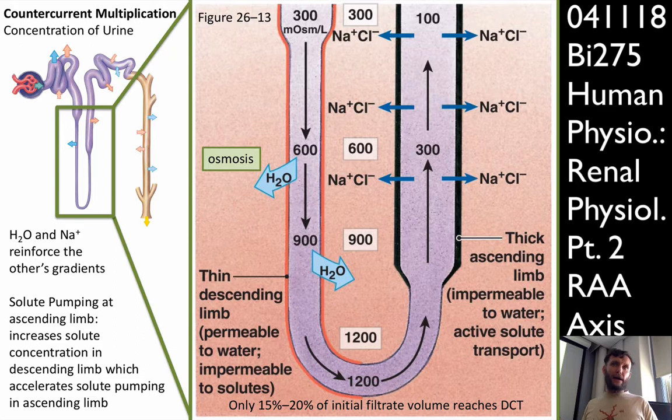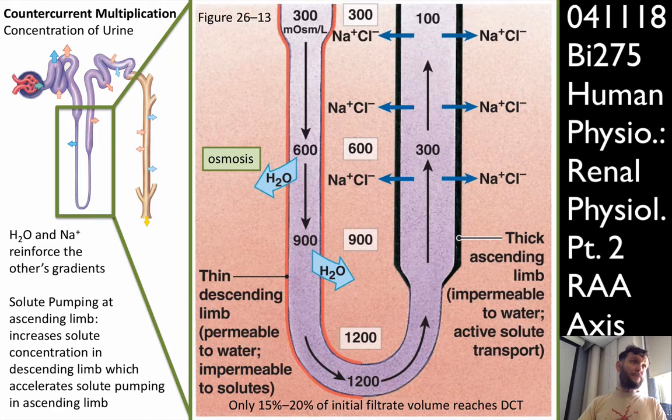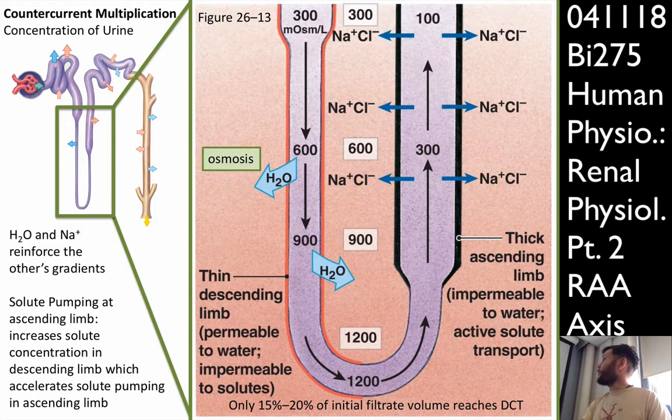Water cannot pass through that. Instead, there are these active transporters, meaning they're ATPases. They use ATP to pump sodium chloride out into the extracellular fluid, into the interstitium. So we're burning ATP on this side and pumping sodium chloride out.